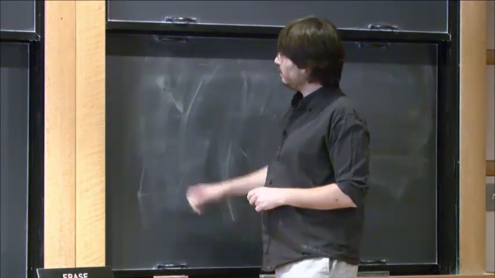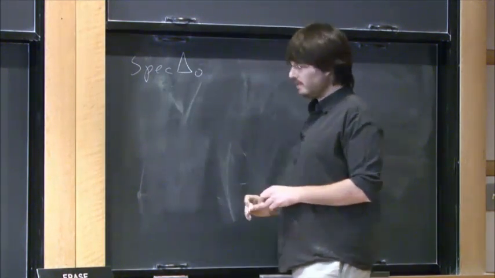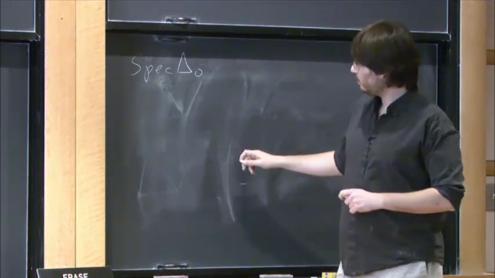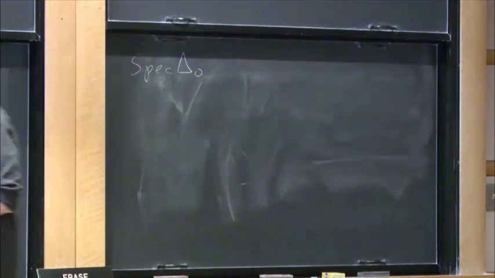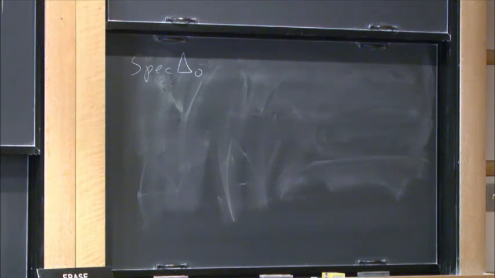So we are interested in the spectrum of the Laplacian, but we have one trivial value in the spectrum. Let's put it in this picture. It's going here and then back. So this is the Laplacian.